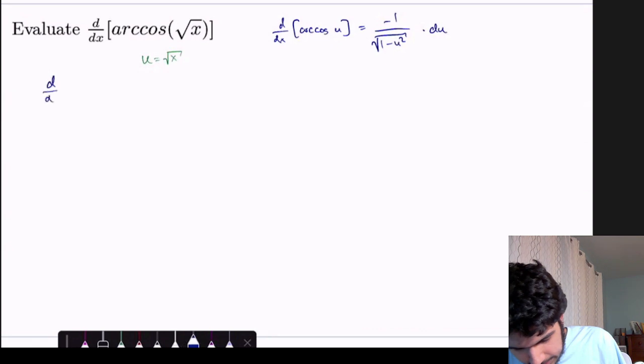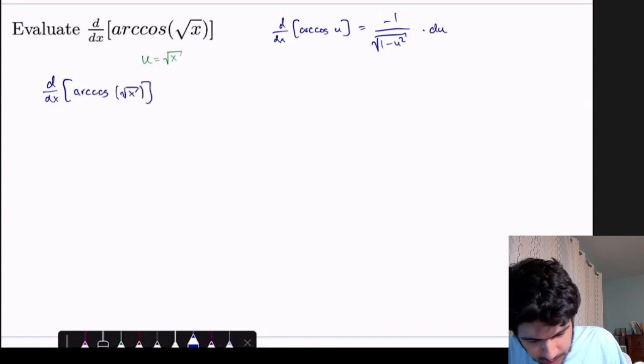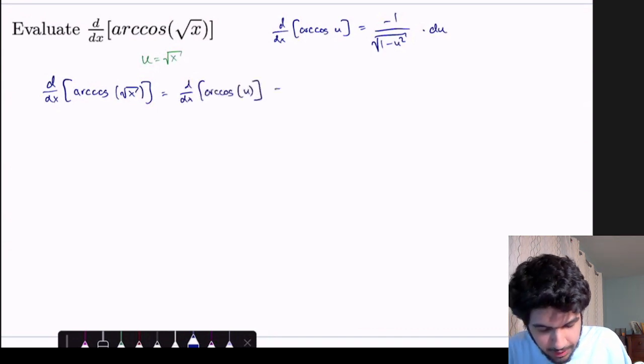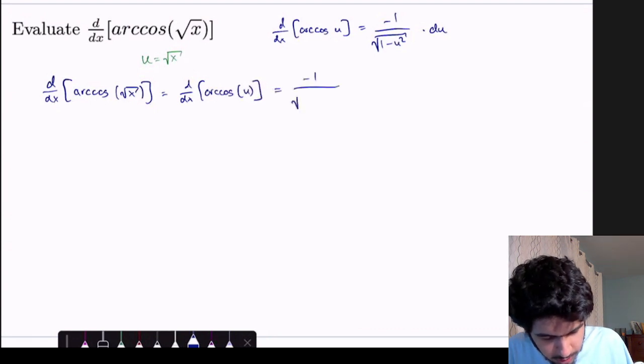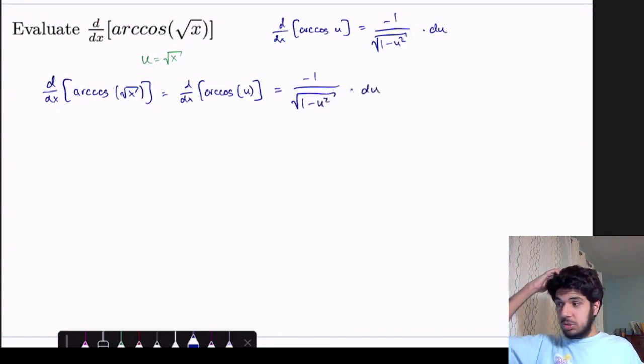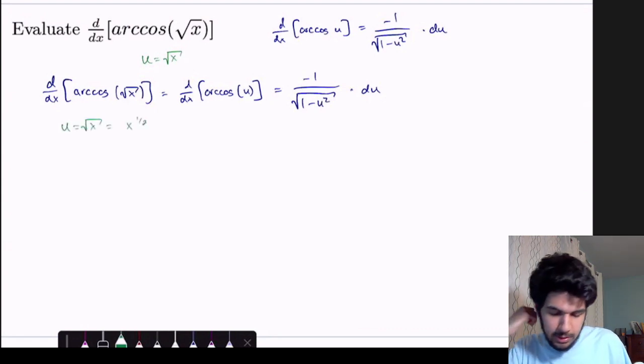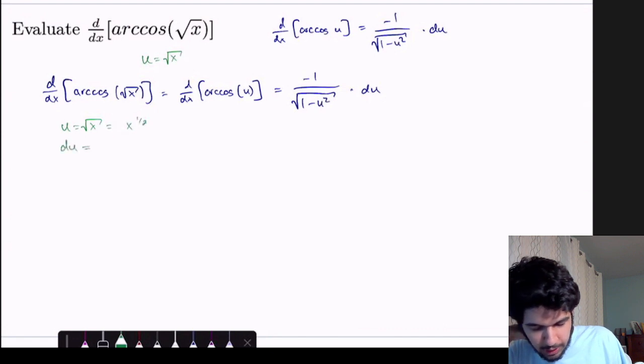Then d dx of arc cosine of the square root of x is going to be equal to d dx of arc cosine of u, and that we know is negative 1 divided by square root 1 minus u squared times du. So now we just have to find what du is, and for that we'll have to use the power rule. So if u equals square root of x, that's equal to x to the 1/2 power. Taking the derivative, du equals 1/2 x to the negative 1/2 power dx.